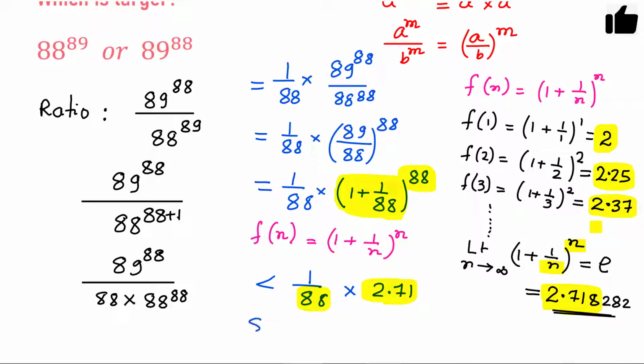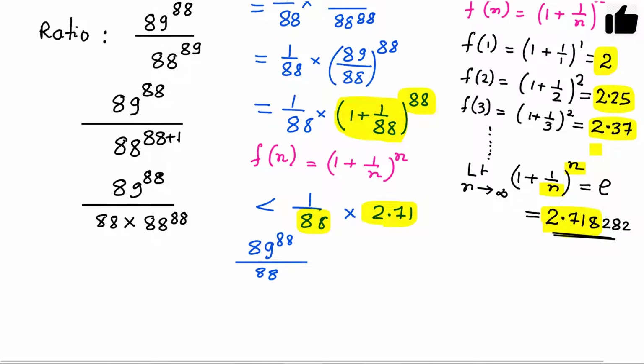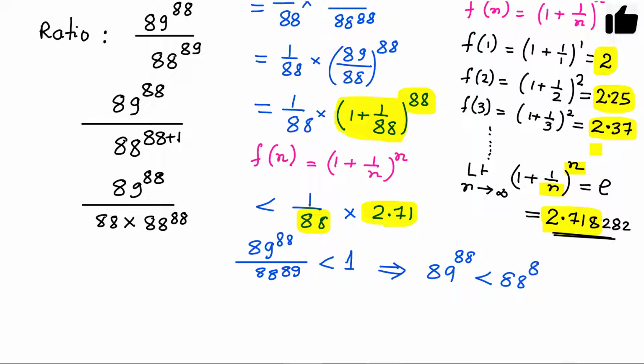And what was the ratio? 89 raised to the power 88 divided by 88 raised to the power 89, and this ratio is less than 1. This means the denominator is bigger. So from here I can say 89 raised to the power 88 is less than 88 raised to the power 89. So this number is the larger number.